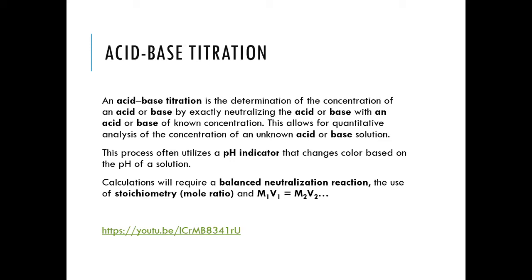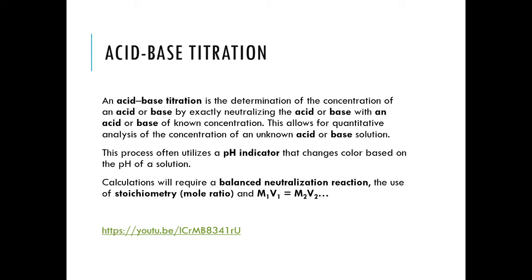We usually use phenolphthalein, which gives us a nice bright pink, but there are other indicators that are dark blue, yellow, or dark green. You just got to know which indicator you're using and what that indicator is telling you, whether it's acidic or basic, and what color means what.